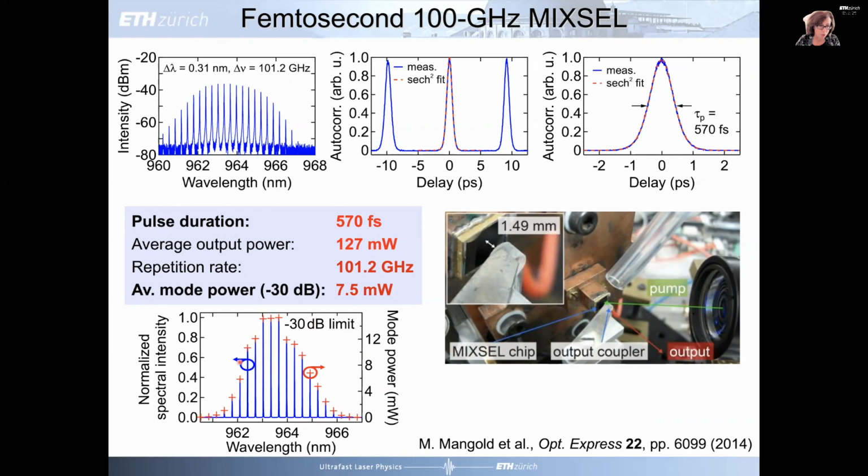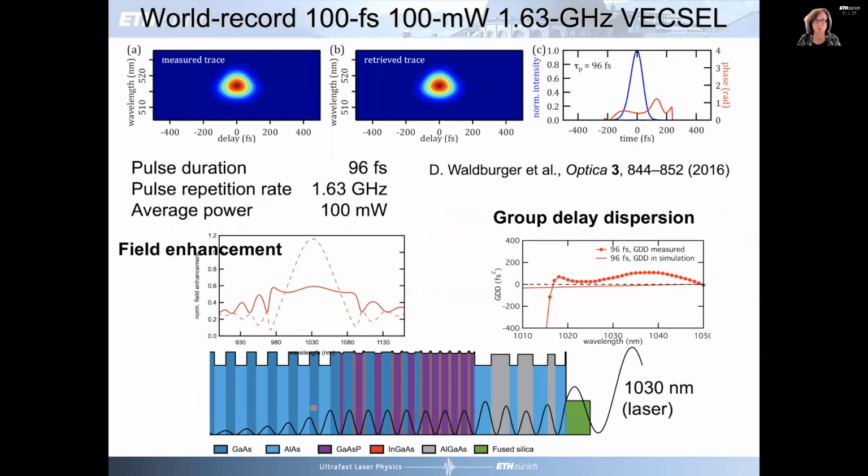And when you look at the mode-locked frequency comb, you can see we have milliwatt of power in each comb of this mode-locked comb, which is important for applications. By further optimizing the structure, flattening out the field enhancement by moving the quantum well gain away from the peak of the standing wave, and also getting these absorbers operating faster than the gain, optimizing the group delay dispersion of the whole structure so that it's flat.